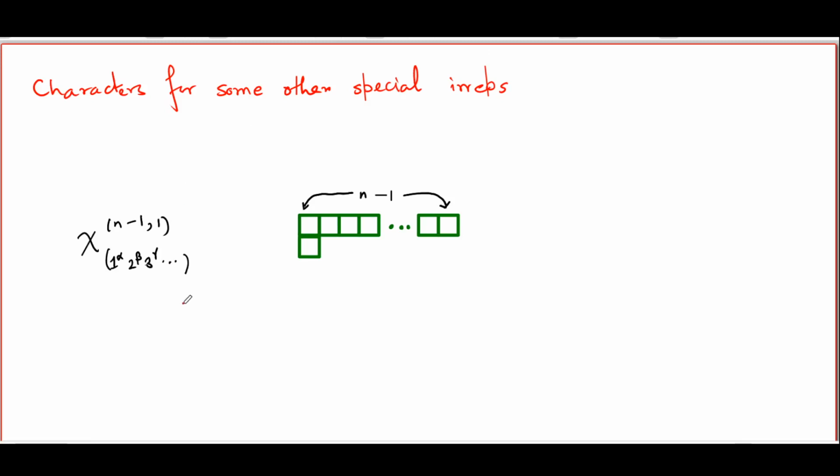So now let us check how many ways can we fill up this particular Young diagram using alpha 1 dots, beta 2 dots, and so on.